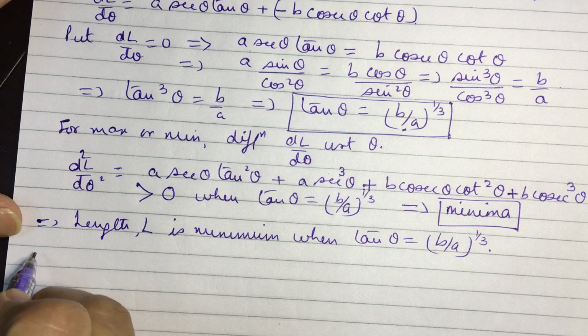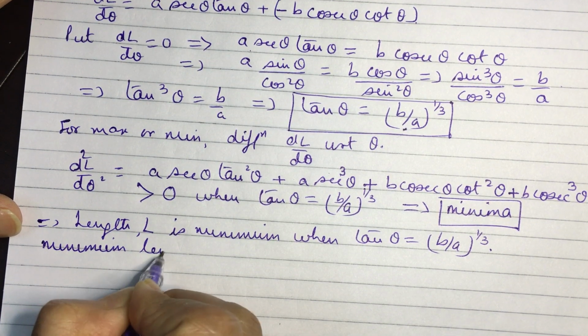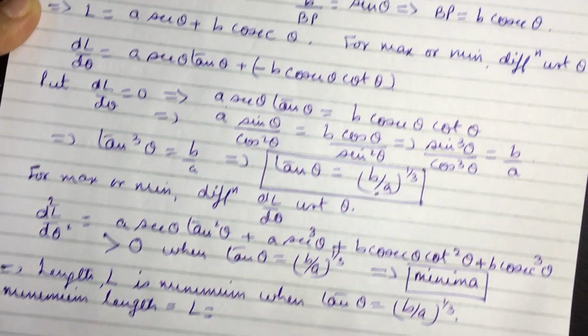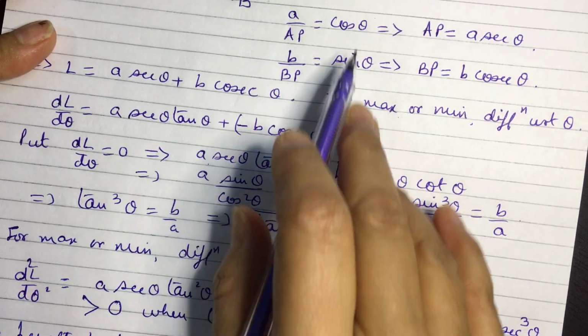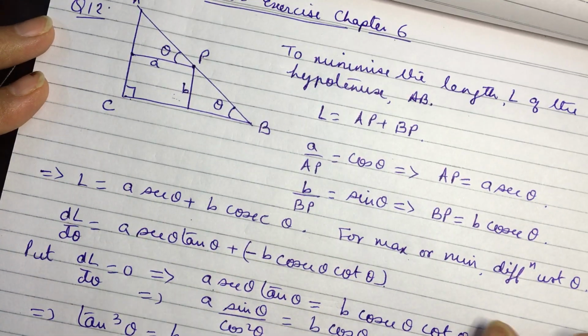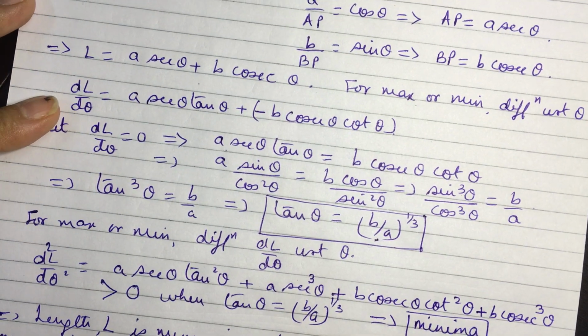Now, to find the minimum length, let us put it. Now, we know that L is equal to A sec theta plus B cosec theta, but we know the value of tan theta. So, let us write that in terms of tan.